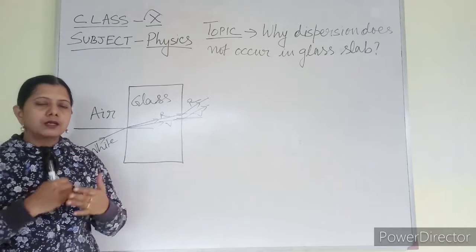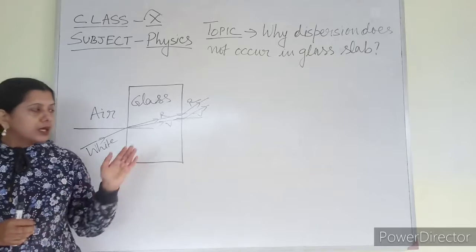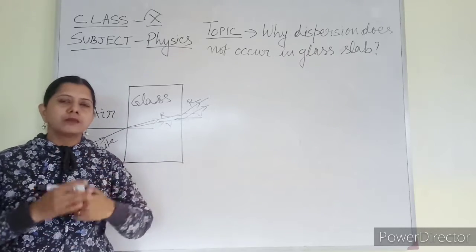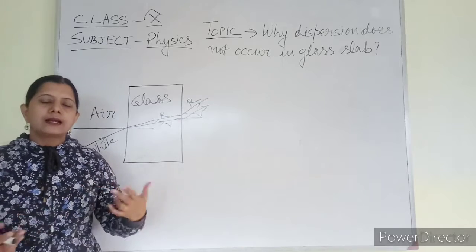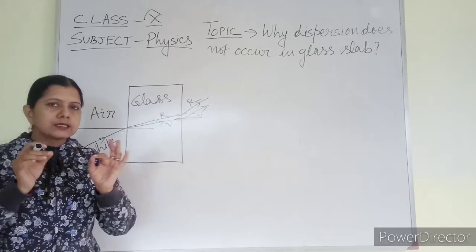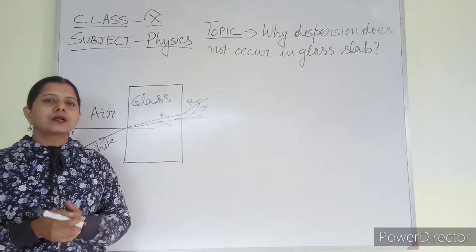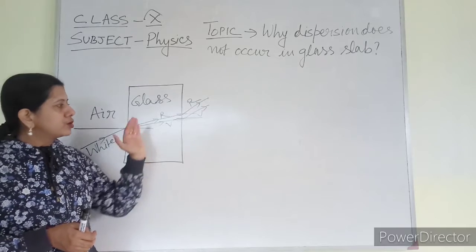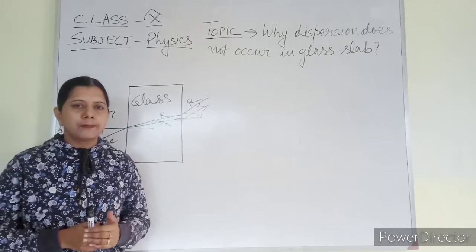As these are parallel rays coming out from the glass slab, these parallel rays are going to be superimposed over one another, and as a result we are unable to get the distance which is needed for distinction of the colors. I can show it by drawing another diagram.